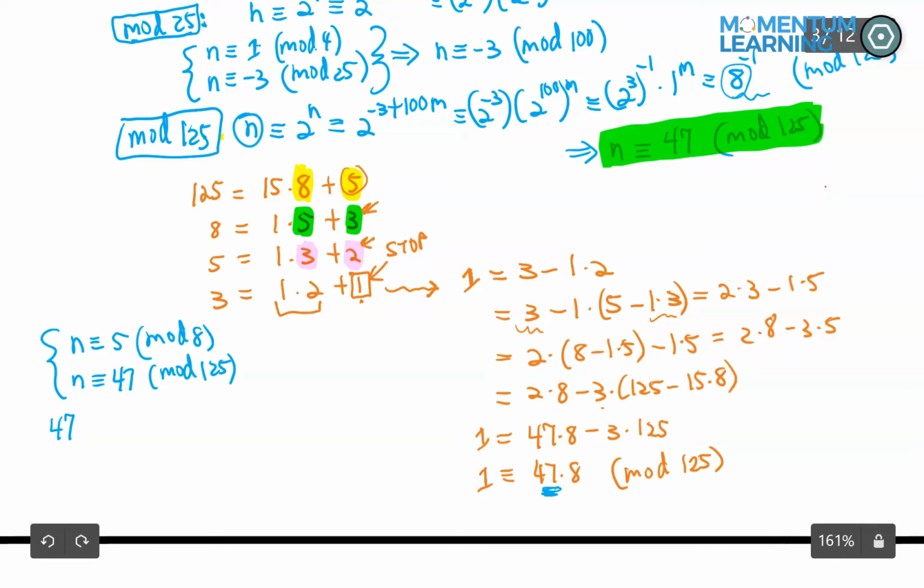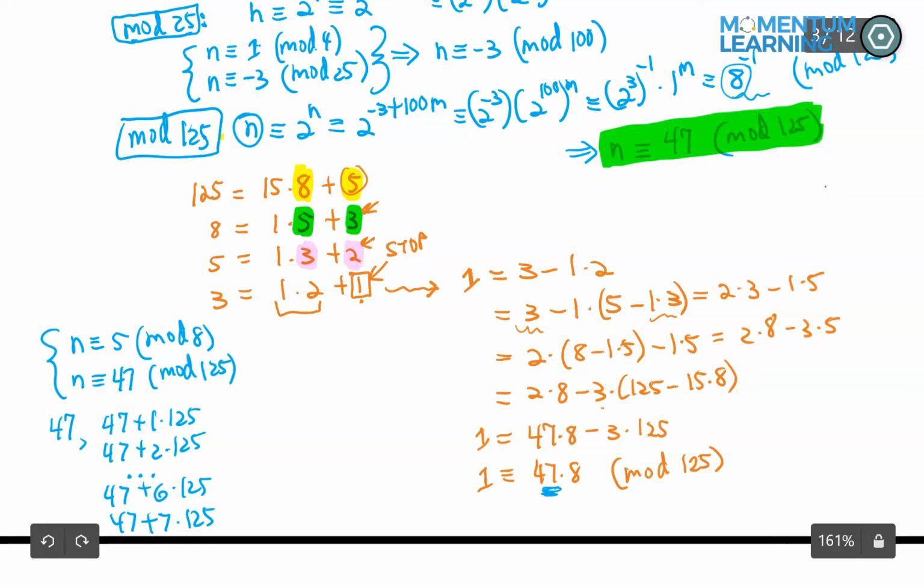It's either 47, or 47 plus 1 times 125, or 47 plus 2 times 125, and so on, dot, dot, dot, 47 plus 6 times 125, or 47 plus 7 times 125.